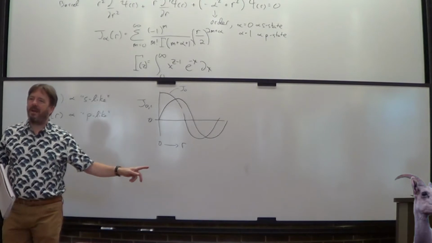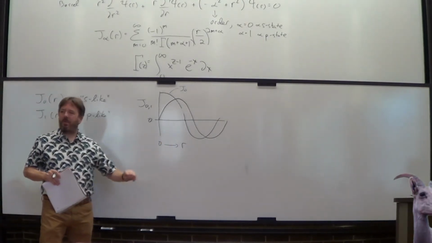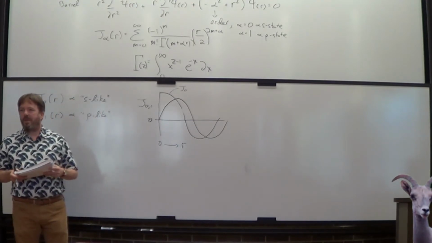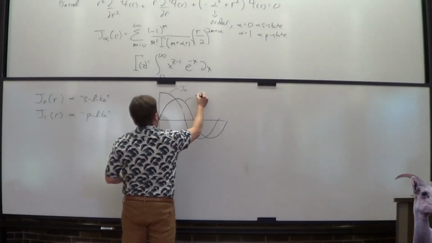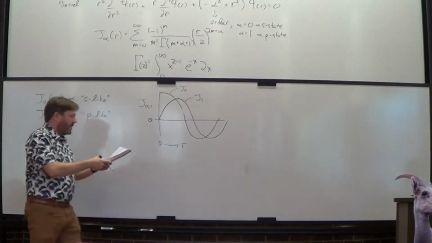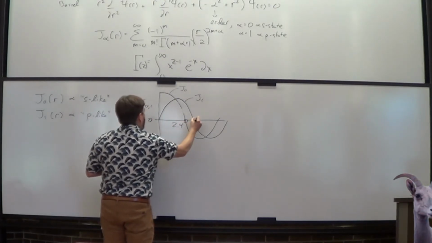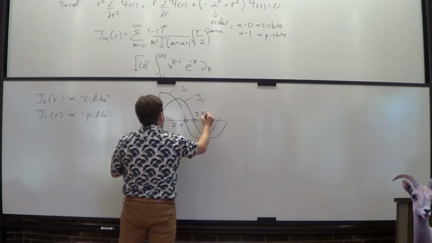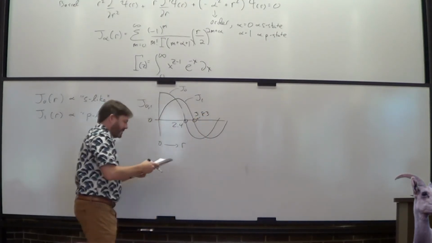When you have your exams, we start yelling at you if you don't have your axes labeled on the graph, because we're terrified that you don't know what they are, actually. So, all right, this is the p-like state. There you go. And as much as this one was at 2.4, it has a 0 at 3.83, right there. And there are other zeros out here.